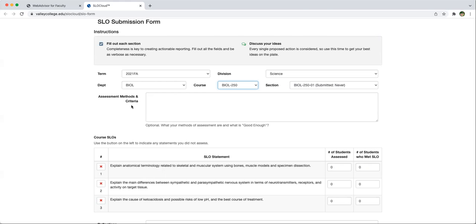I usually write it as, my SLO 1, for instance, was an exam question that was given as part of lecture exam 2. Students who passed this essay question with 75% will be considered as those who met the SLO, and any student who scored below that 75 percentile would have failed the SLO.